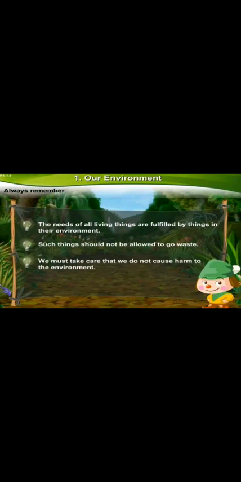The needs of all living things are fulfilled by things in their environment. Such things should not be allowed to go waste. We must take care that we do not cause harm to the environment.